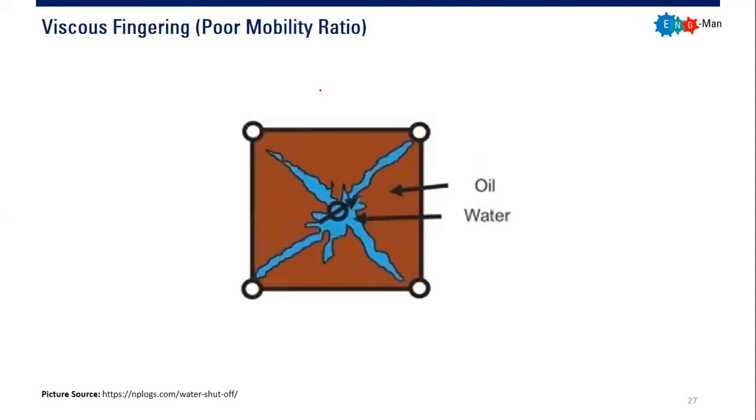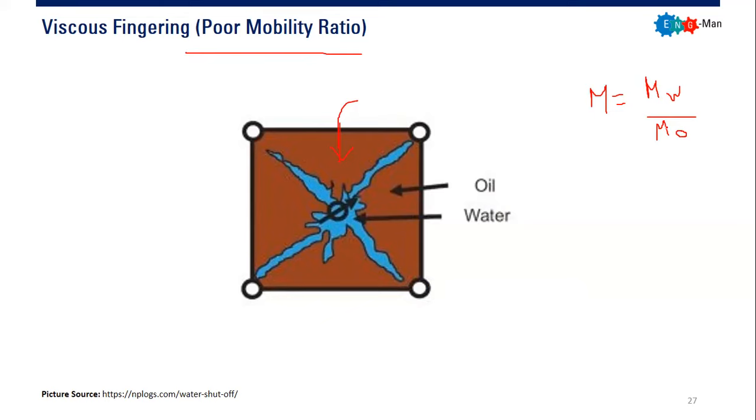All right. So the first thing is viscous fingering due to poor mobility ratio. So if you have, let's say, an injector there at the center of your reservoir section, and you have producers there, and unfortunately you have poor mobility ratio. Please remember that mobility ratio is the mobility of the displacing fluid, in this case water, divided by the mobility of the displaced fluid, in this case oil.